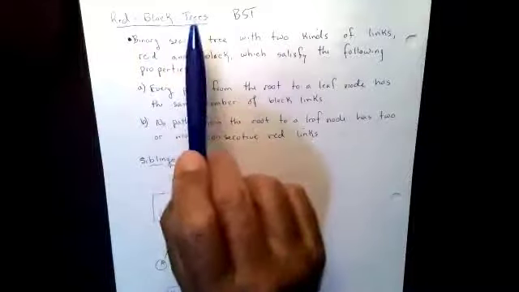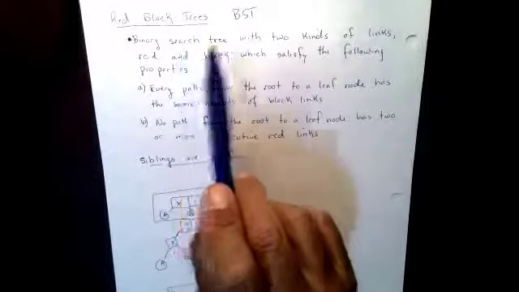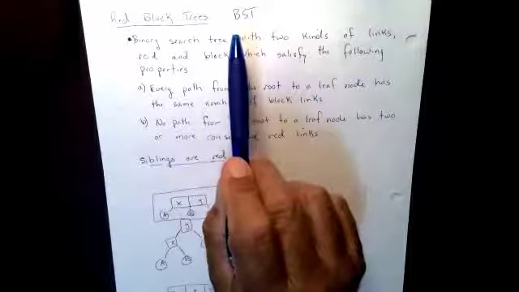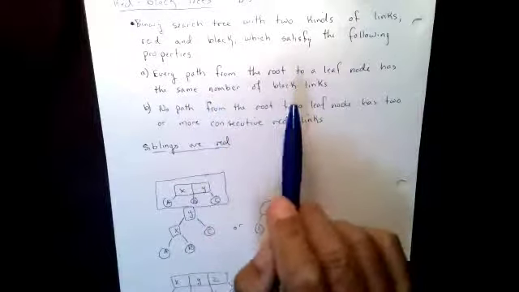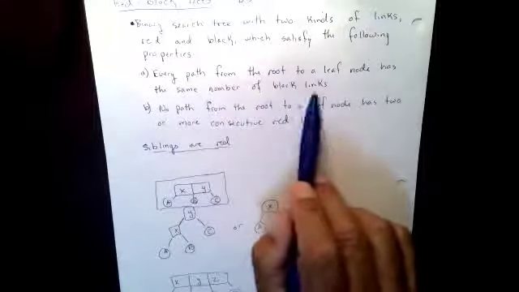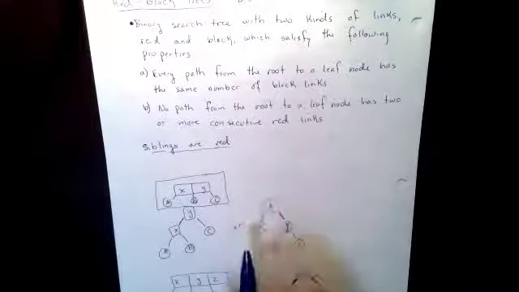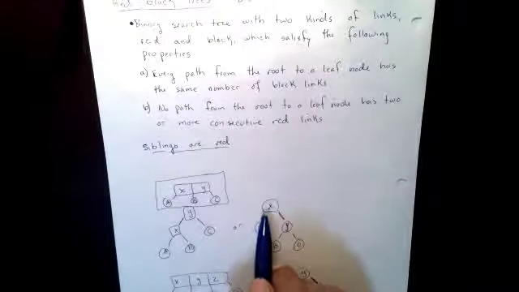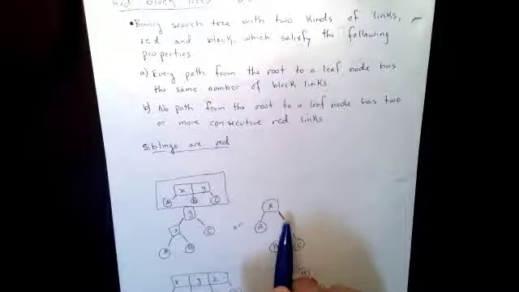So this is called a red-black tree. Same idea as 2, 3, 4, but we're going to represent it in a binary tree. Every path from the root to a leaf has the same number of black links. When we start drawing our nodes, we're going to connect them with a black, which really is blue, or a red link.